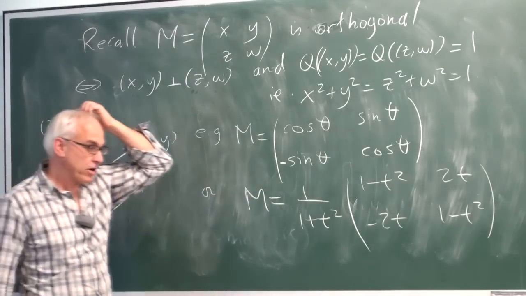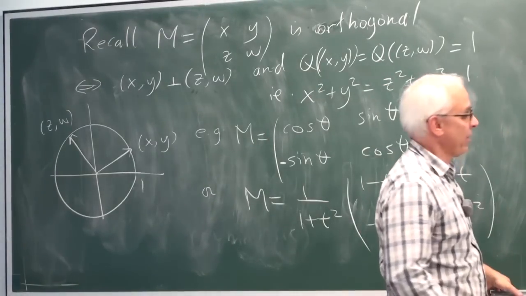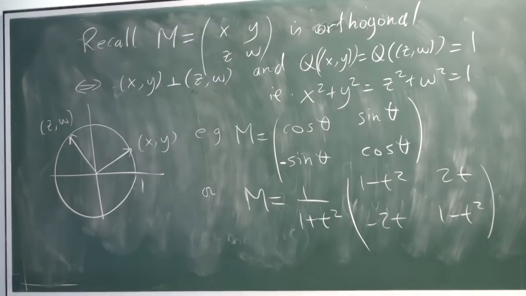All right, so those are orthogonal matrices. So how do we apply them to understanding a quadratic form? Well, the idea is to change variables.